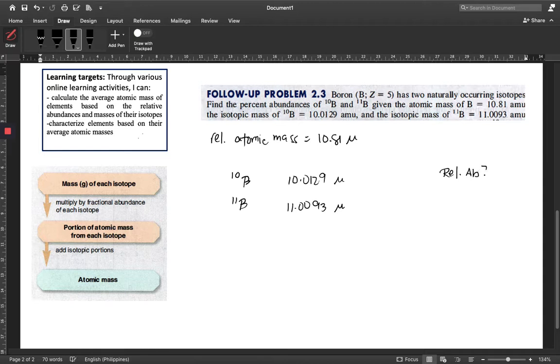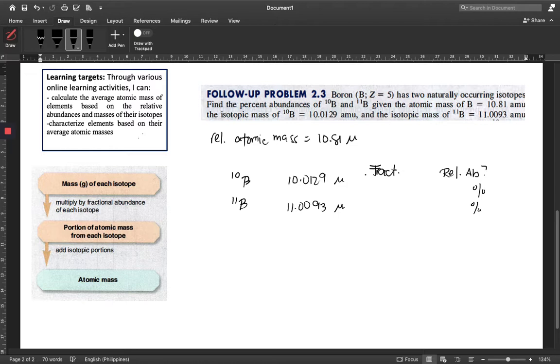That means we are going to find out how many percent is boron 10 and how many percent is boron 11. So I think it would be safe if, from the given atomic masses, we calculate first the fractional abundance, and we can convert the fractional abundance later on into relative abundances.